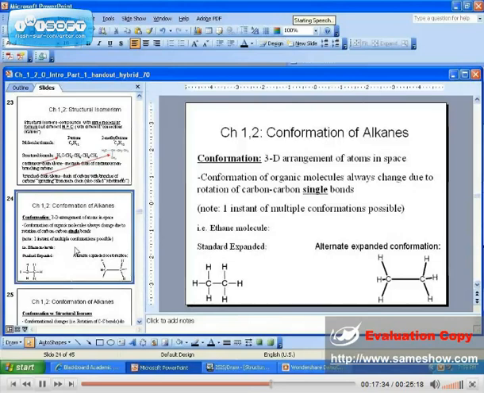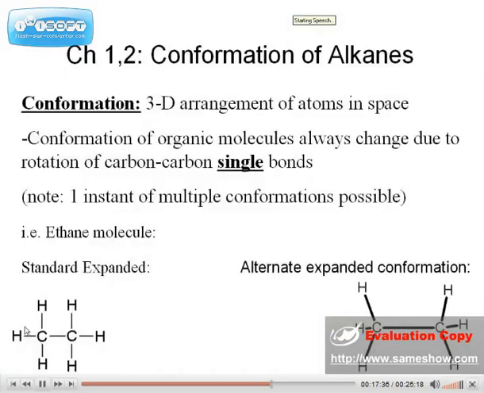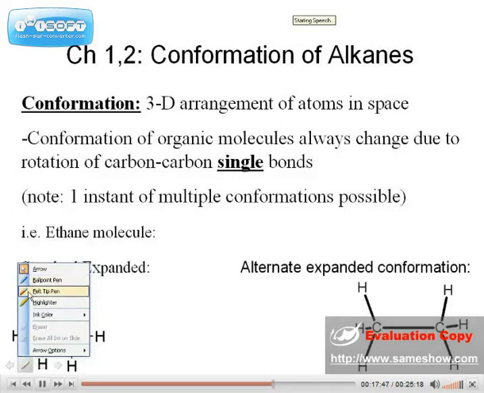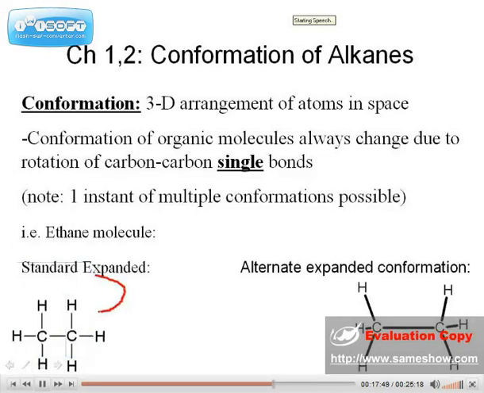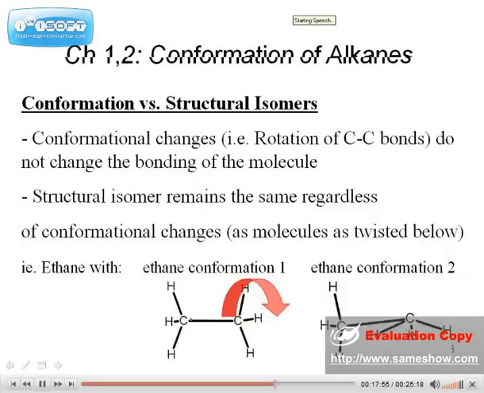So moving on. Now, one of the big problems of writing a 2 or 3D sketch is we need to keep in mind that each of these carbon and hydrogen bonds, you can think of them as being axles, where if the hydrogen and carbon were wheels, they could rotate.